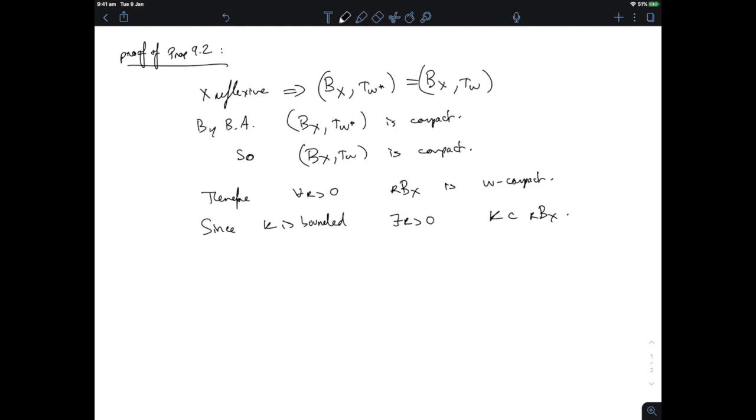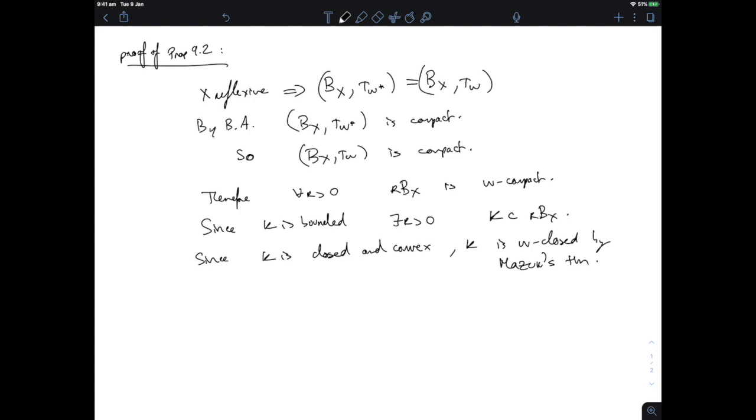But that's not the information that I have. The information that I have as an assumption is that K is closed. But that's almost good enough. All I need is convexity, and then Mazur's theorem guarantees the weak closedness from the strong closedness. So since K is closed and convex, K is weakly closed for the weak topology by Mazur's theorem.